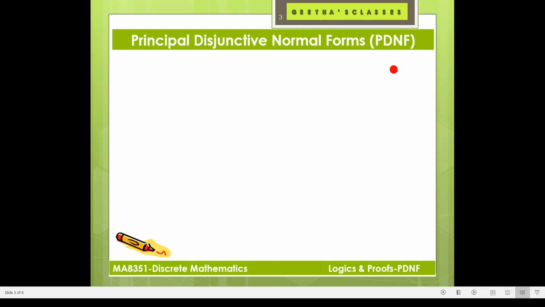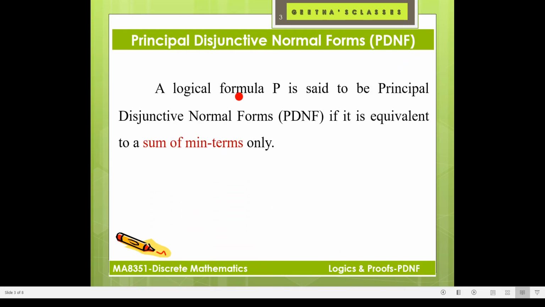The definition of PDNF: a logical formula P is said to be in principal disjunctive normal form, PDNF, if it is equivalent to a sum of min terms only. So a logical formula can be expressed as a sum of min terms. What is meant by min terms? Between two propositional variables, we introduce the AND symbol.